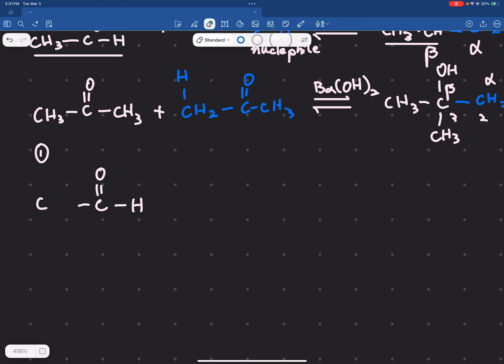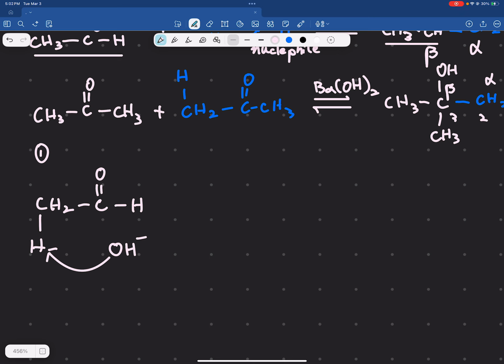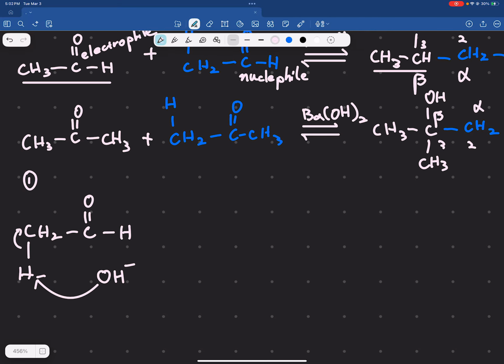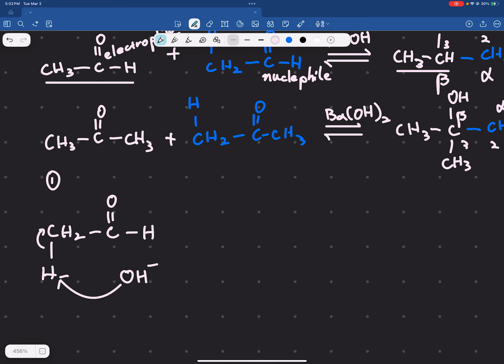Let's draw it this way. The base is going to come in and deprotonate this compound, which is our acetaldehyde.